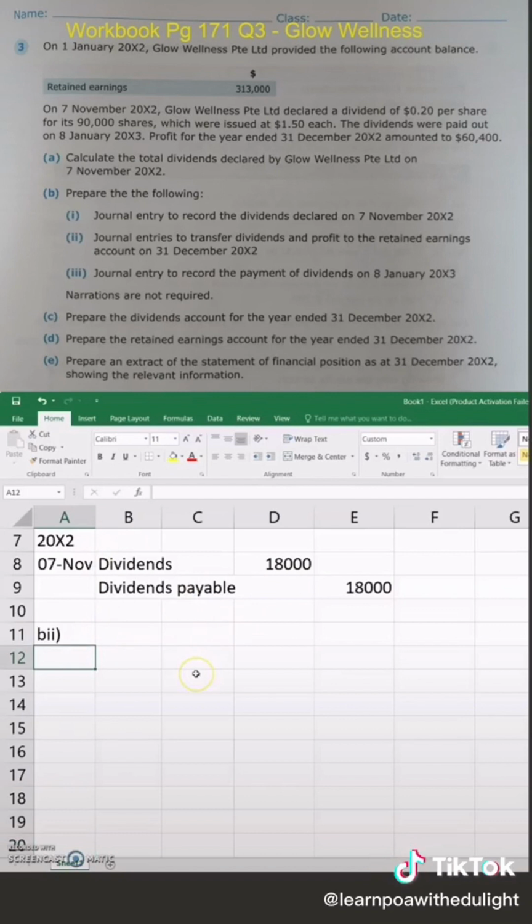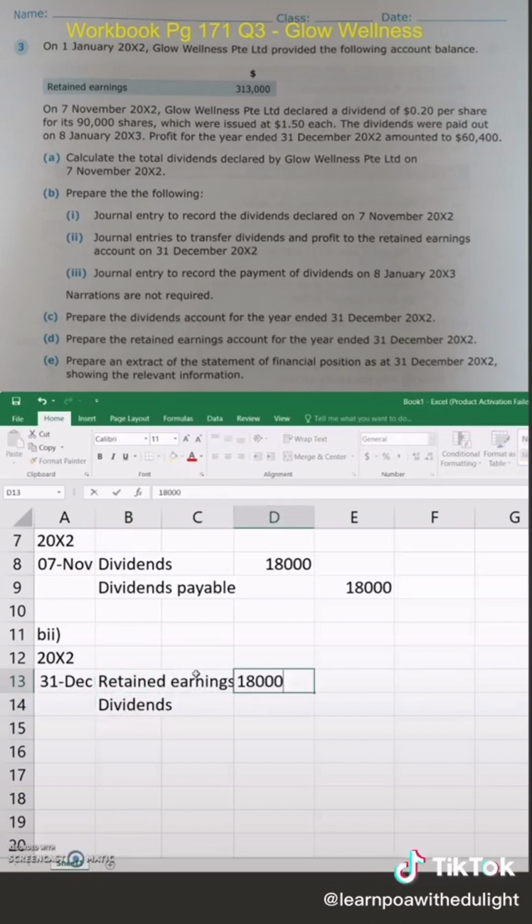So on 20x2, 31st December, I will show you the transfer of dividends to the retained earnings account, which is the one that I spoke about in part 1 of the video. Basically, it is debit retained earnings, credit dividends. In this case, I had only 18,000 declared for the year, so it will just be 18,000.